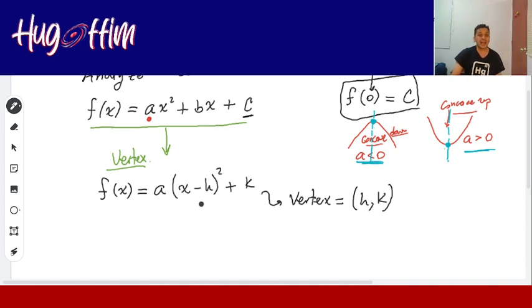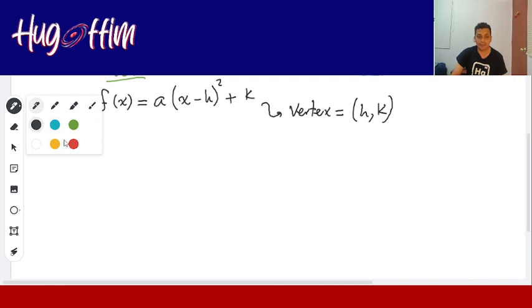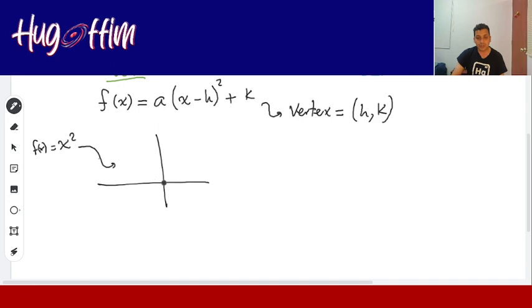Now maybe you will ask why here is negative h and why here is positive k, and this comes from the form of the function. So if you graph, by any chance, the function x squared, the function x squared is going to have this form. The vertex of this function is at 0, 0.